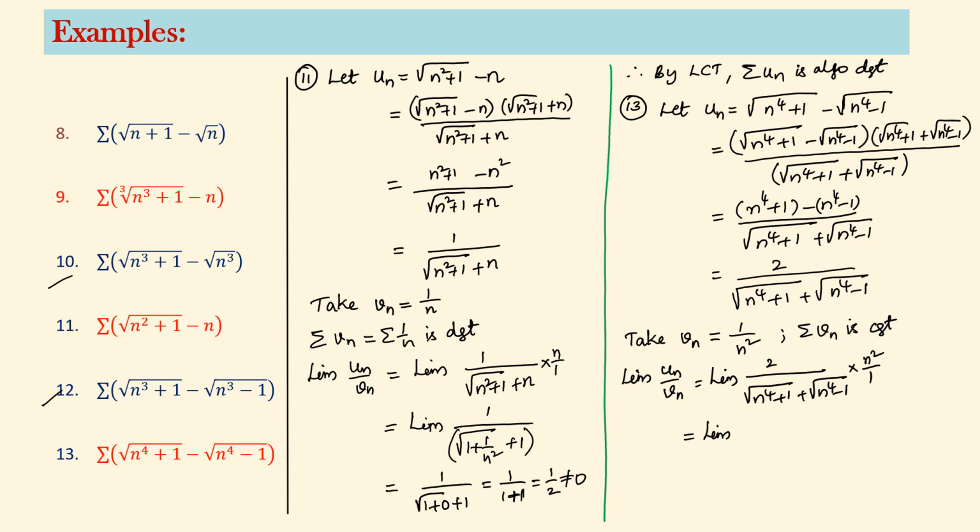It will become n square and it will get cancelled with the n square in the numerator. So we will have 2 by square root of 1 plus 1 by n power 4 plus square root of 1 minus 1 by n power 4. Applying the limit, this is 2 by root 1 plus 0 plus root 1 minus 0. So this is equal to 2 by 2, which is 1, not equal to 0.